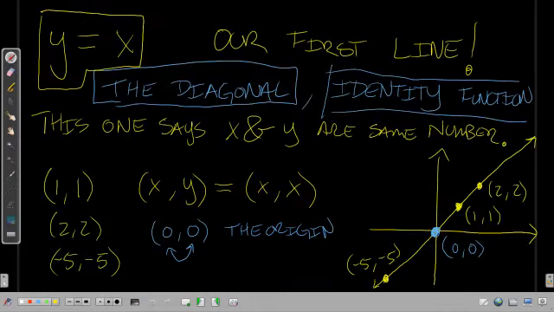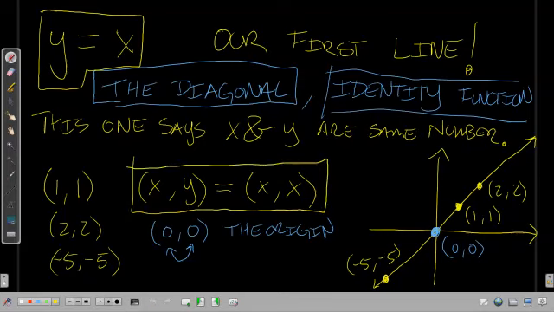Well, if I then plop down an equation that says y equals x, then there becomes no difference between an ordered pair x comma y and the ordered pair x comma x. They're the same thing, since y is equal to x.